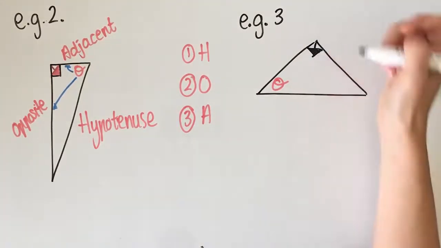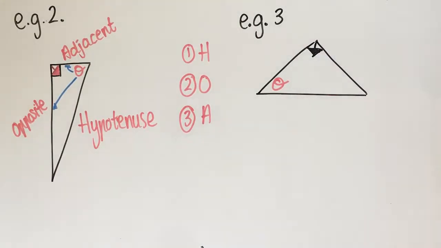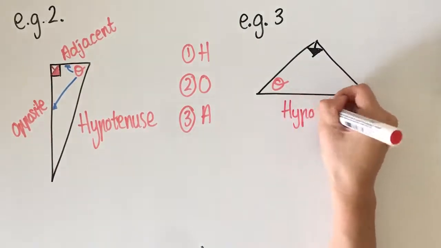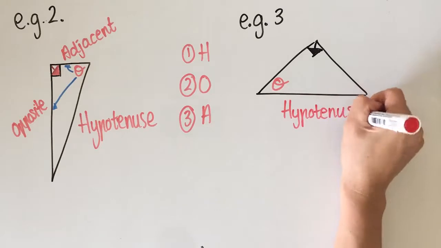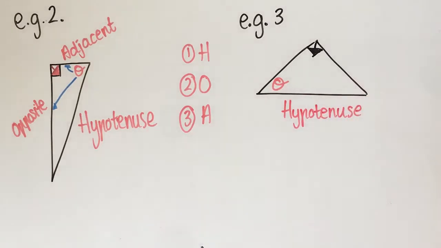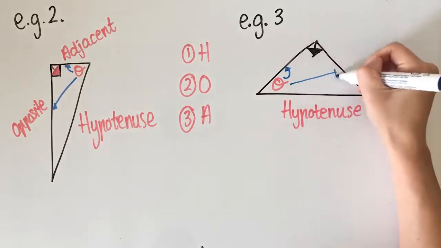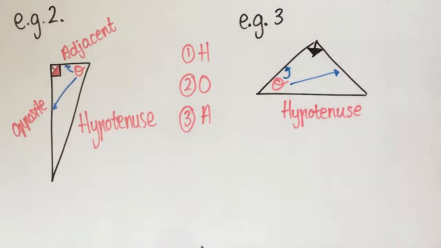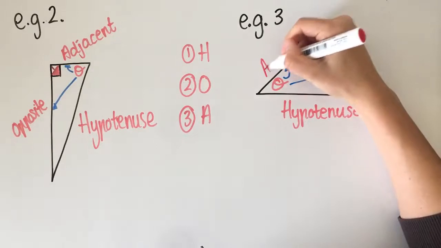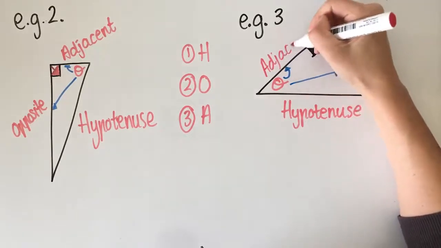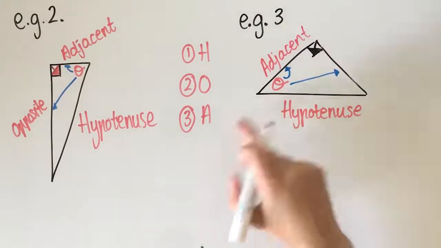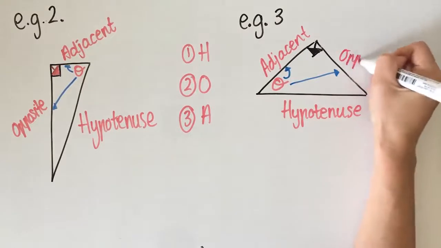So I turn this into an arrow, and that's going to point to my hypotenuse. Then I need to think about, I've got a side that's close and a side that's far. So the side that is close is going to be my adjacent, and the side that's far is going to be my opposite.